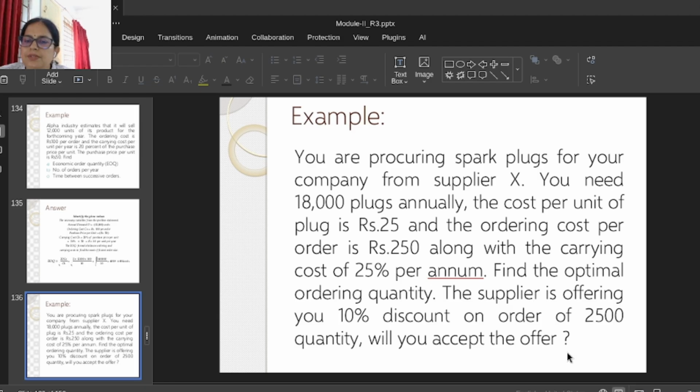Here, a discount price is given on a specified quantity. So whether we should accept the discount price or go for our economic order quantity to purchase, that we need to compare in the question.